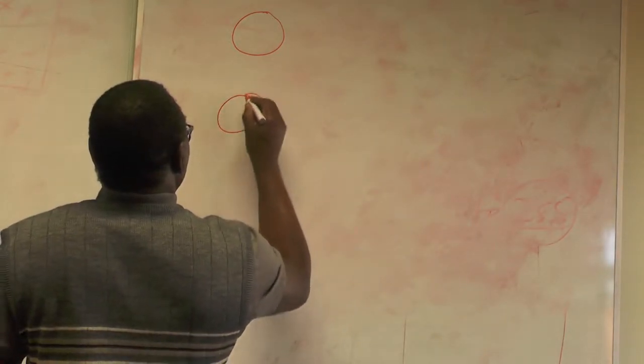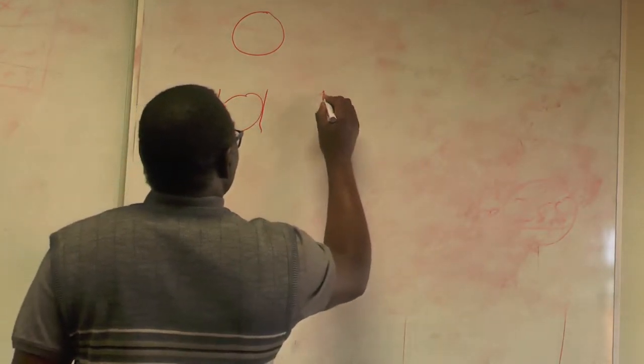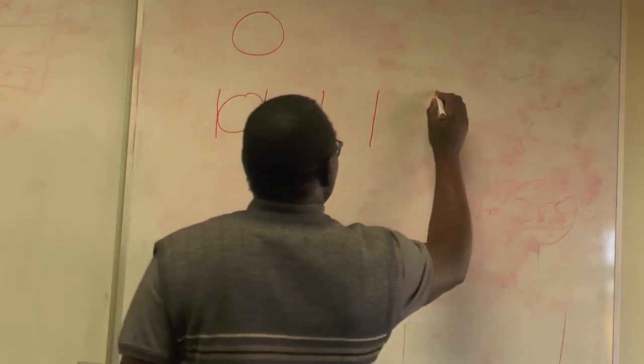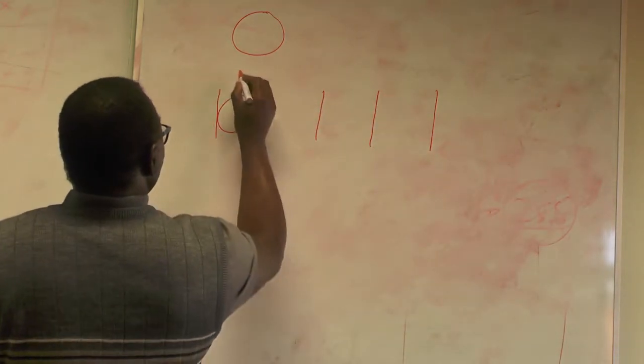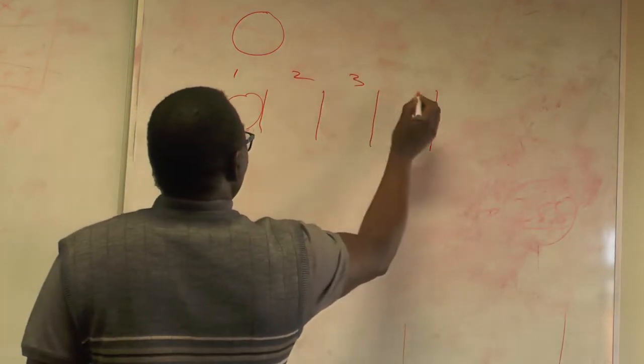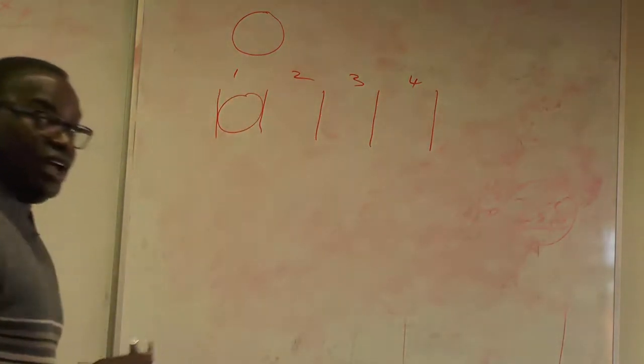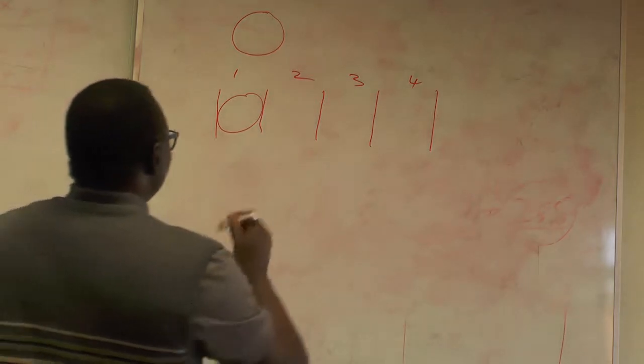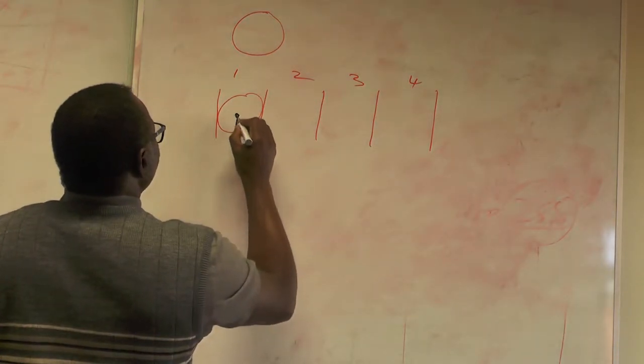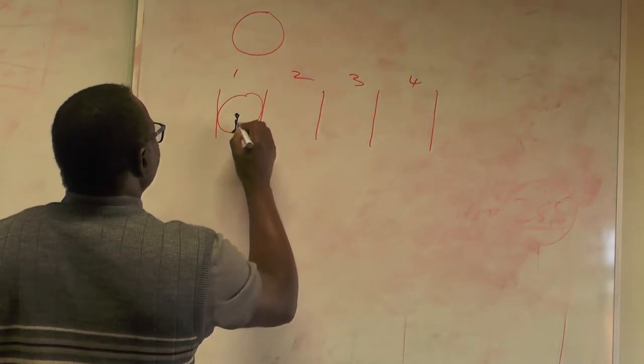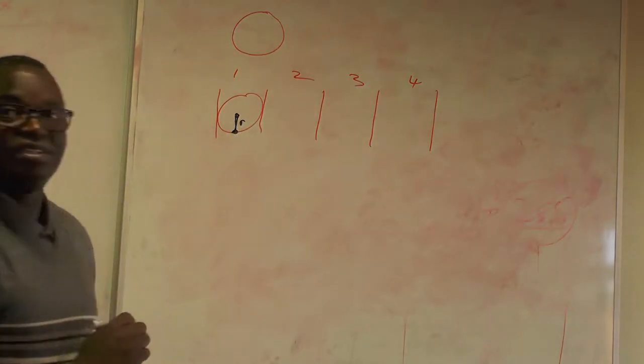It's simple. If I have a circle, I build that, I build that, I build that. Look at this. This is 1, 2, 3, 4. Right? Are you following me? Now, this is the radius, right? That's the radius. That's our R, right?